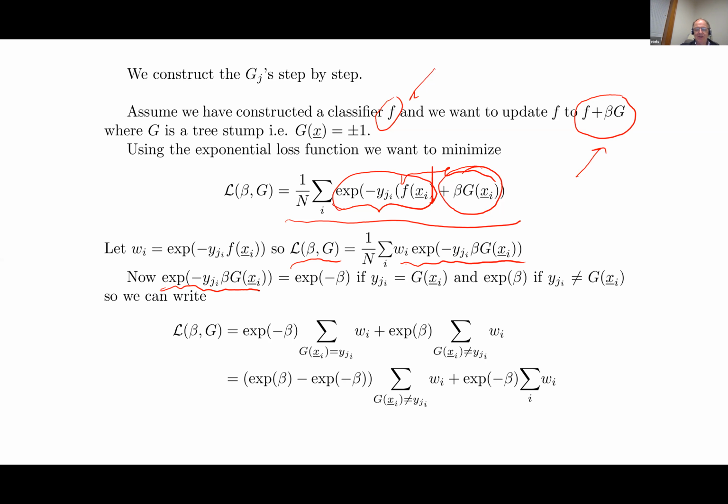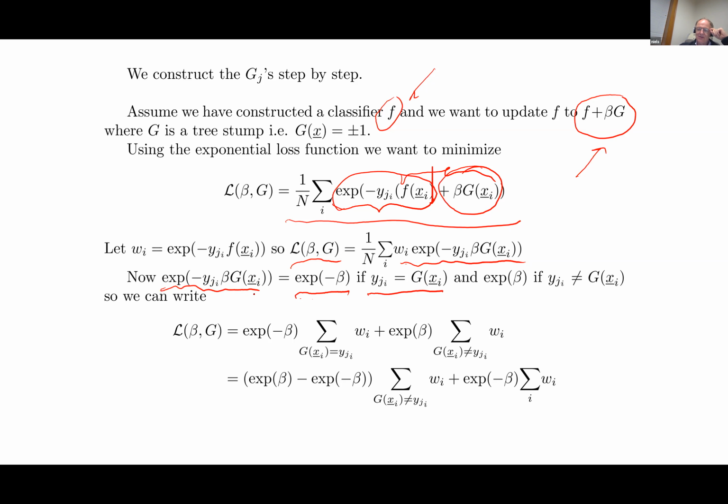So this exponential here is just going to be exp of minus beta if the xi lies on the right side of this tree. This decision boundary for this tree is just a line. It just divides the space into 2 half spaces. So if the xi lies on the correct side of it, then yi times g of xi is going to be 1.